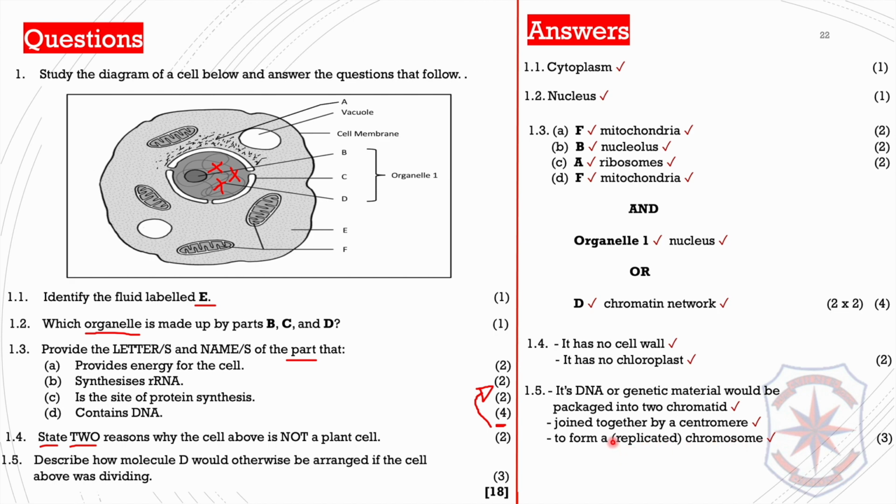So even though you do not write replicated, it's fine. It is in brackets, meaning this word is an option. So to form a chromosome. Okay. So chromosomes would have been seen, and a chromosome is when DNA is coiled around histone proteins to make a chromatid, and 2 chromatids joined by a centromere form a replicated chromosome.